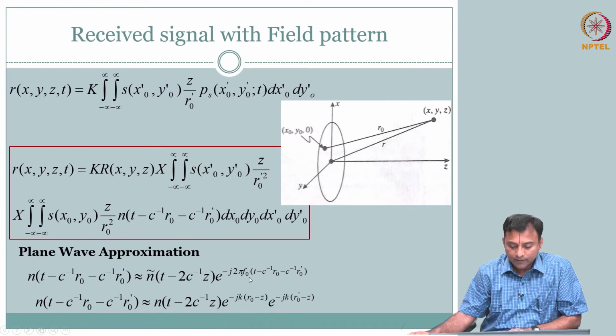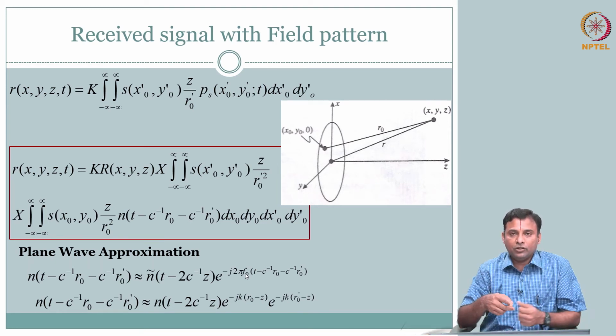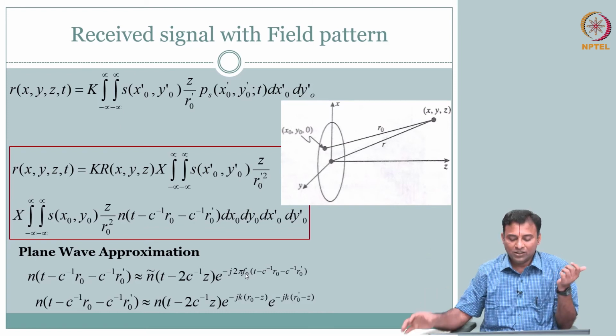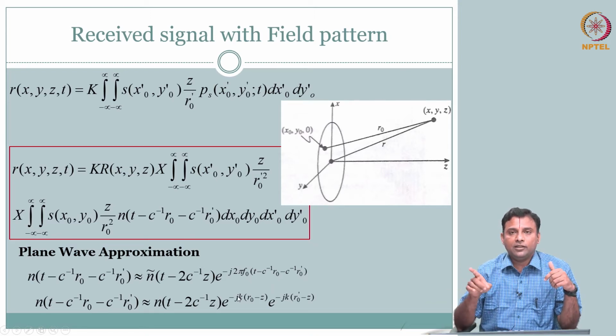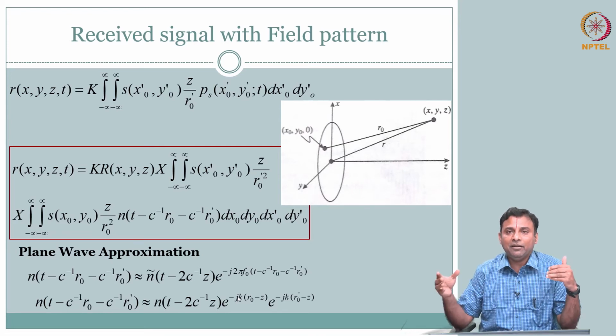Why? Because you know this 2 pi f naught is there, but we are talking about wave number. Remember, I said it will be conveniently used, because the field pattern is in space. So, I would rather convert this time quantity f naught to how the wave is propagating in the medium.